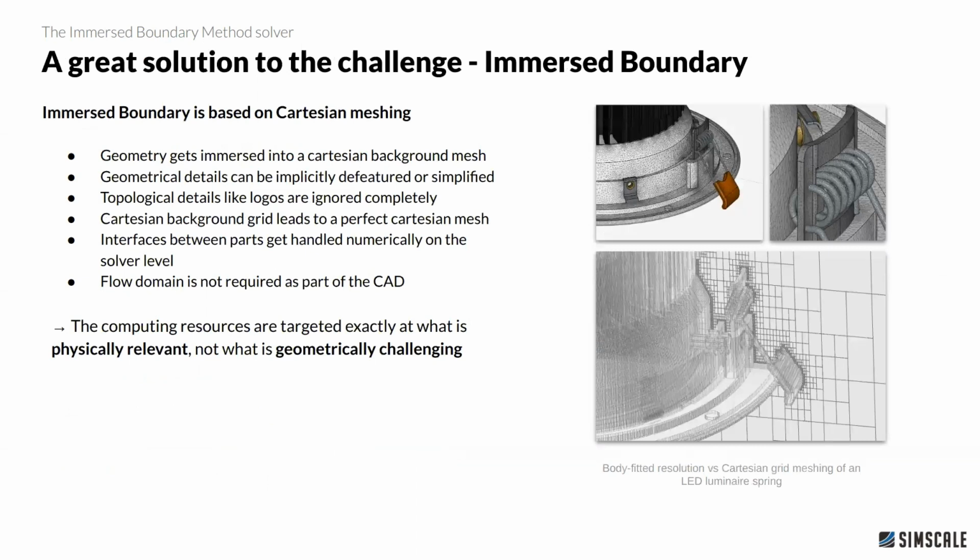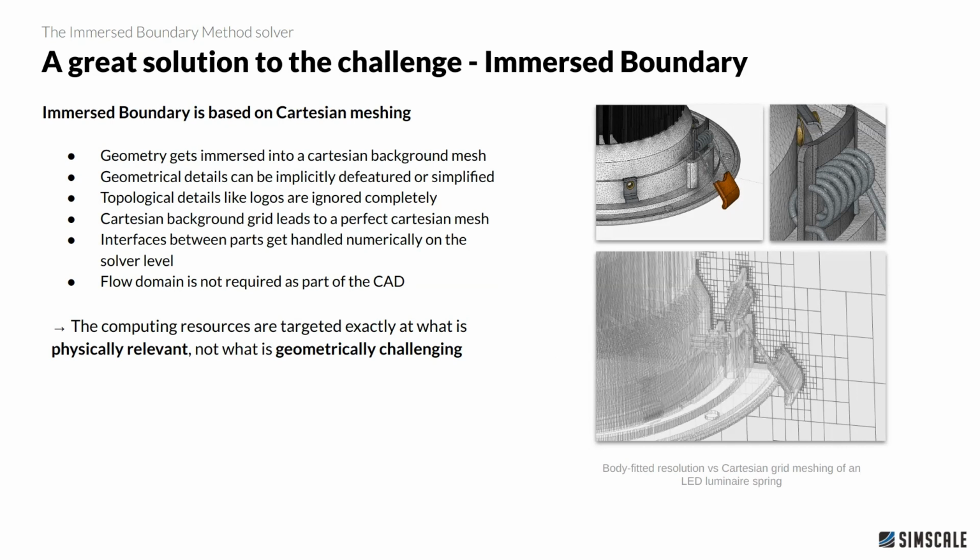And this problem can be solved by using the Immersed Boundary Method, because this method does not resolve the geometry as it is in the CAD, really in detail body fitted, but it immerses the geometry into a Cartesian background grid, as you can see here at the bottom. So you can still define how fine you want to go around the specific elements, but you don't need to resolve all of the little details that are not really important for your simulation down to the level of the geometrical detail. And that is really great.